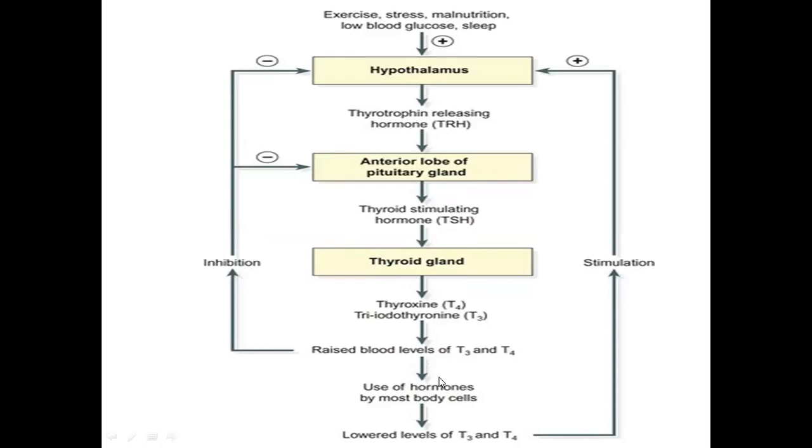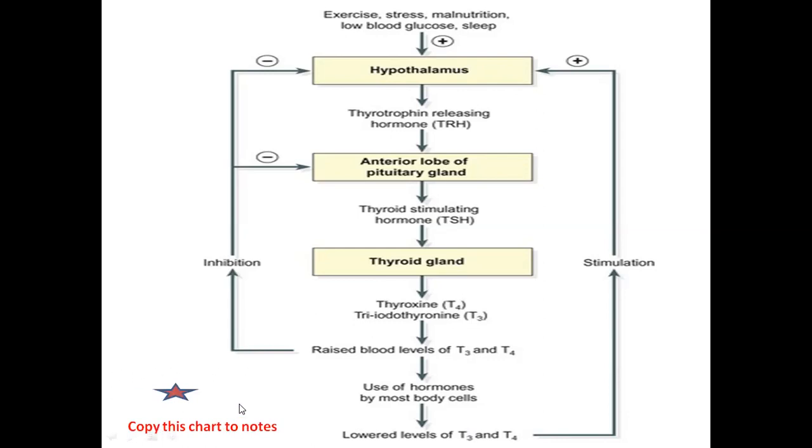This rise in the thyroid secretions will bring about inhibition of the pituitary secretion, that is TSH, and inhibition of the hypothalamic secretion, that is TRH. Both these function through what is known as the negative feedback mechanism. And in turn, whenever there is lowering of T3 and T4 or low metabolic rate, that stimulates the hypothalamus to produce more. So this is a very good example of negative feedback mechanism.